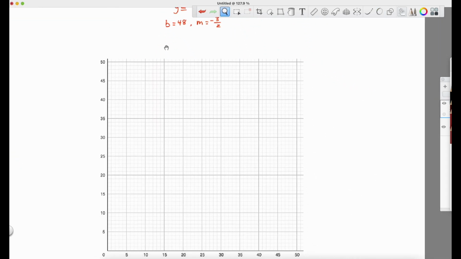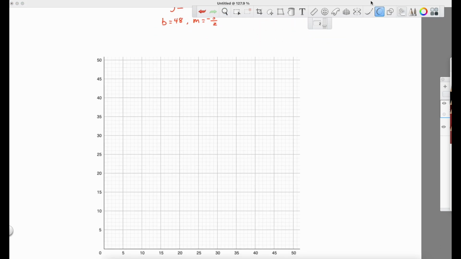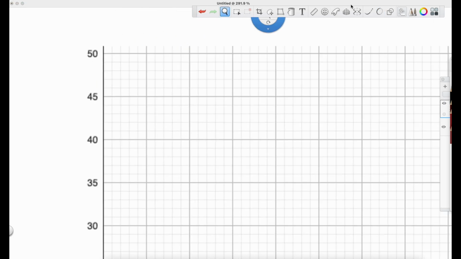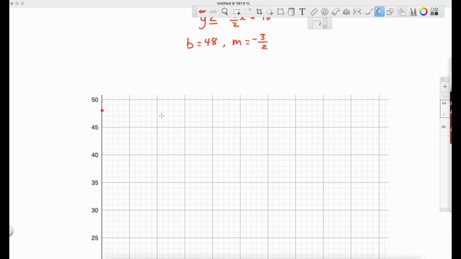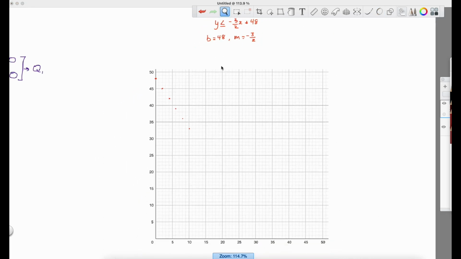I'm going to go down here and we're going to plot this. I didn't give you guys graph paper, so you got to use your own. 45, 46, 47, 48, 49, 50. So I'm going to start at 48, and then we're going to go down 3 over 2. I got a few points there.